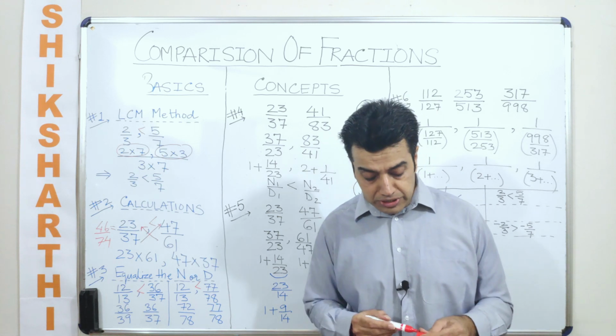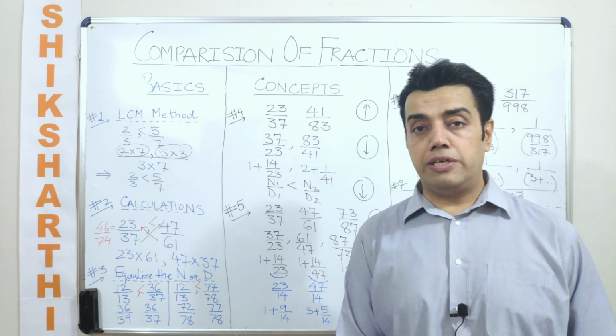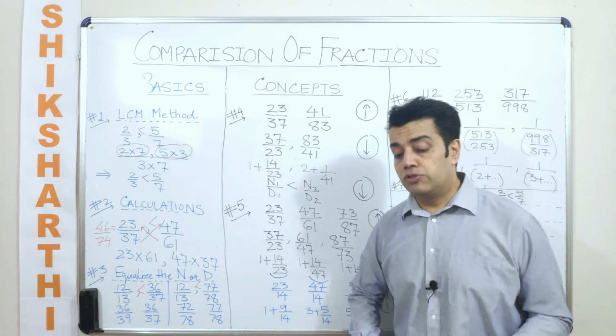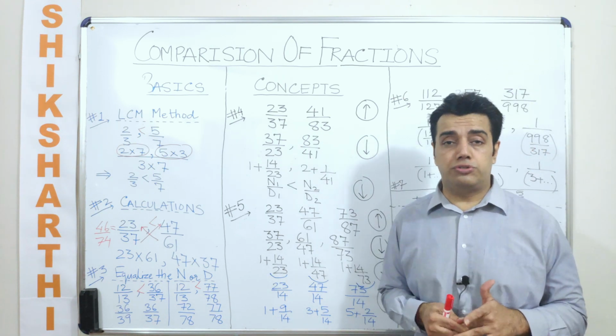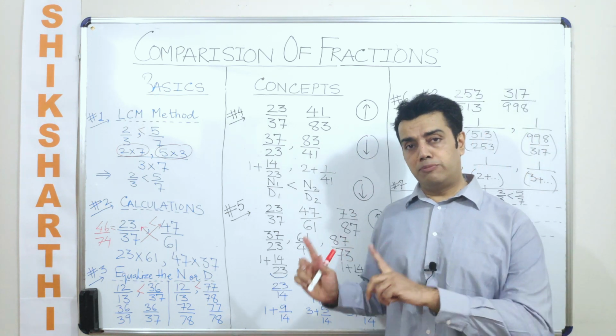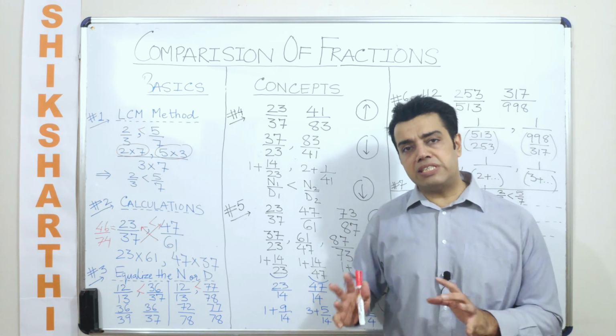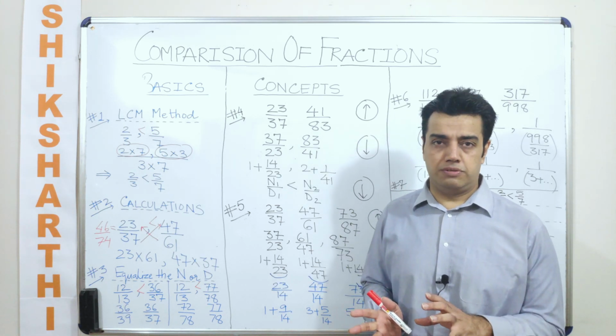So talking about the third method, if I have to use ratio and proportion, because ratio proportion and fractions go hand in hand. If I were to use the law of proportions, I can say that the numerator of a fraction is directly proportional to the fraction, and the denominator of a fraction is inversely proportional to the fraction.